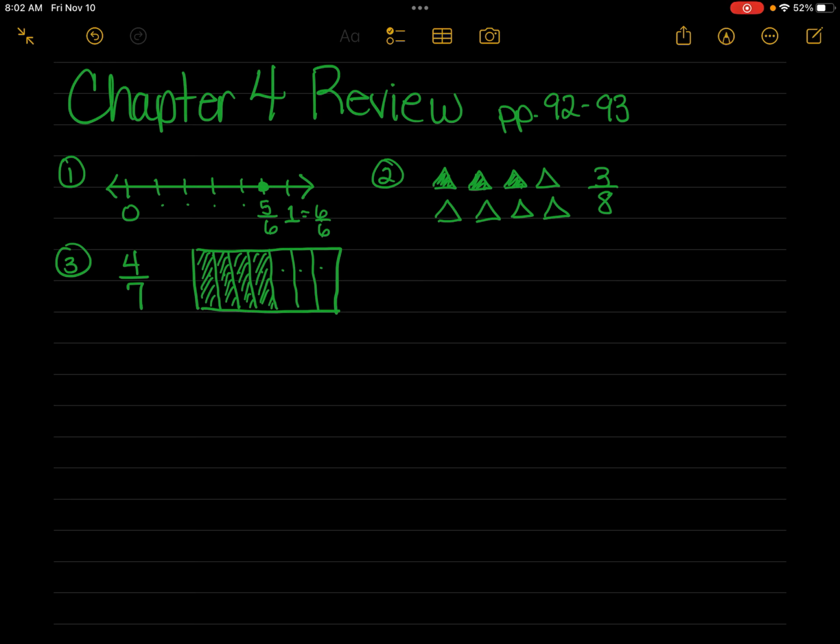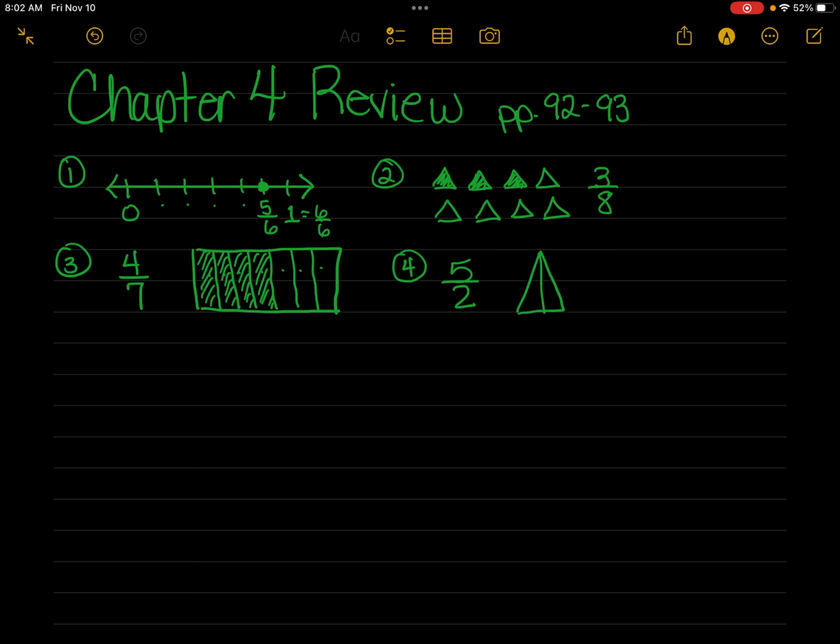Okay, number 4 through 6 say draw a model, write the improper fraction as a mixed number. So for number 4, it said to draw a model, and the number is 5/2. So we want to draw a model of 5/2. Okay, for a half, we'll stick with some triangles. Here's a half.